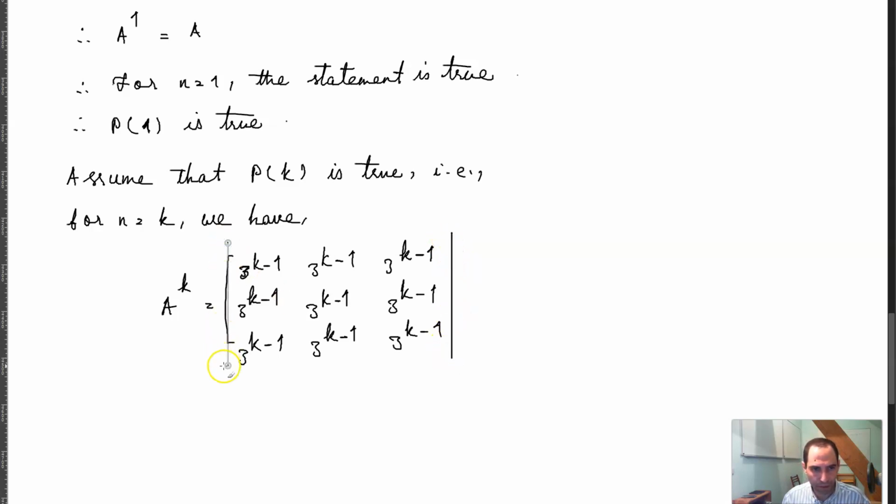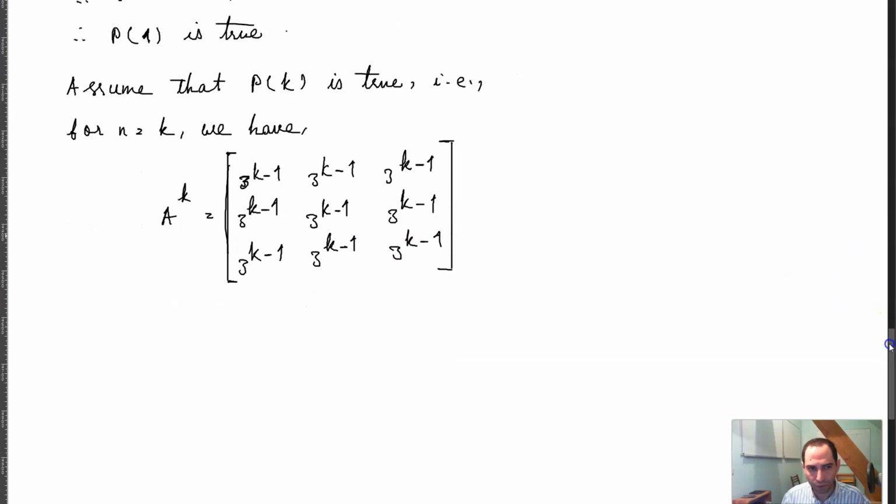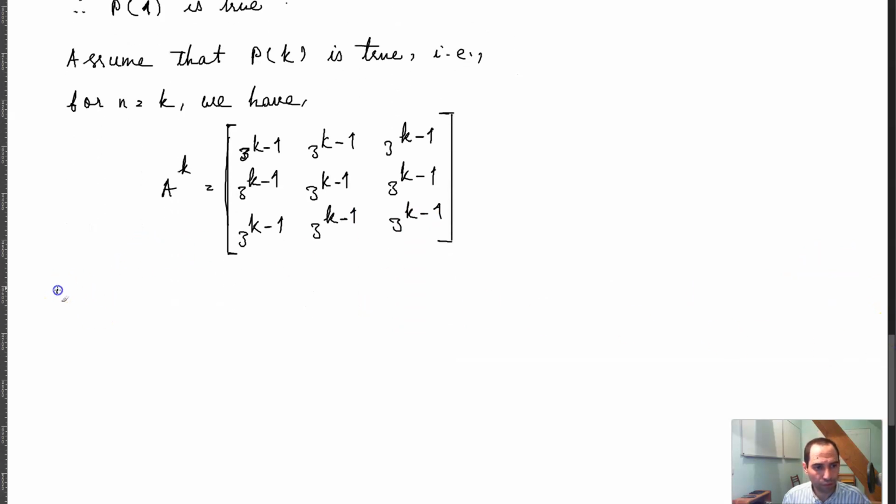And that gives you this matrix here. Therefore, we now want to prove that P of k plus 1 is also true.